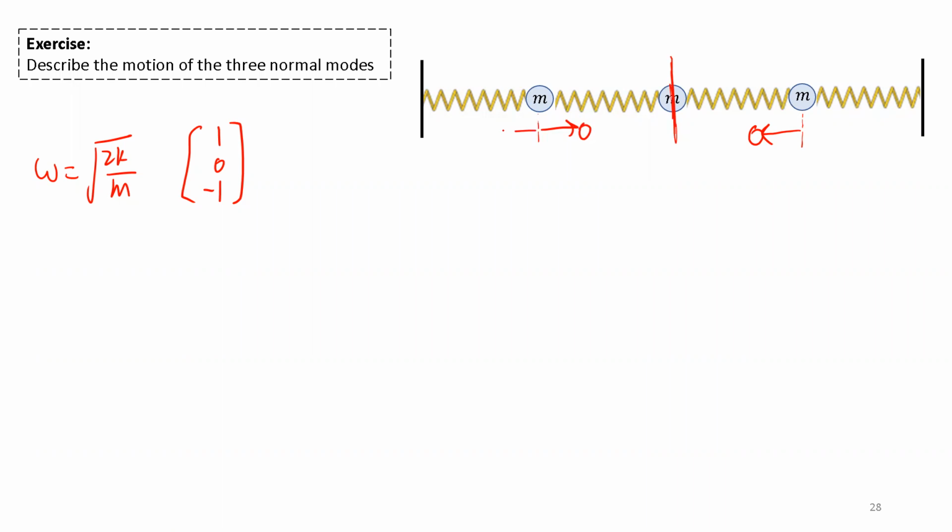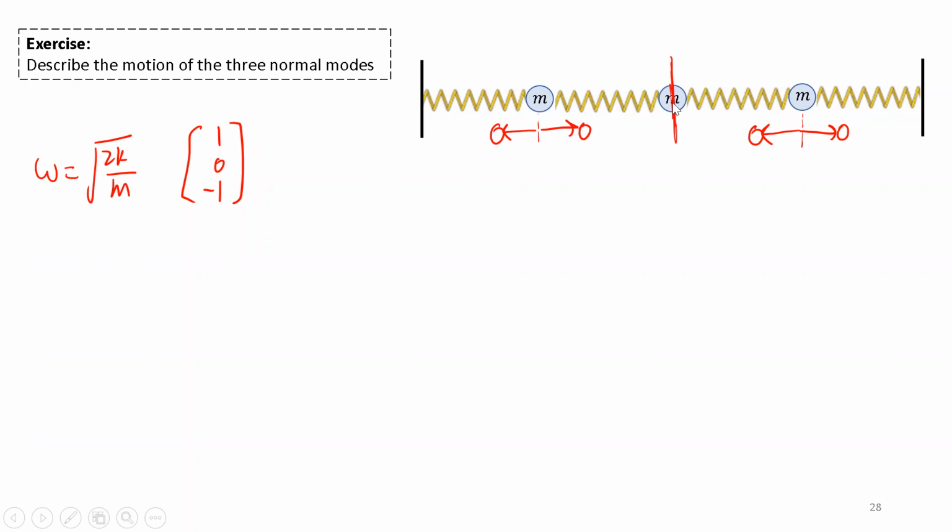And then after some time, this one will become here, and then this one will be here. Okay, so now looking at this picture, you might understand why we have this square root of 2k divided by m. Because if this one is not moving, that means you can just consider this one as another fixed wall.